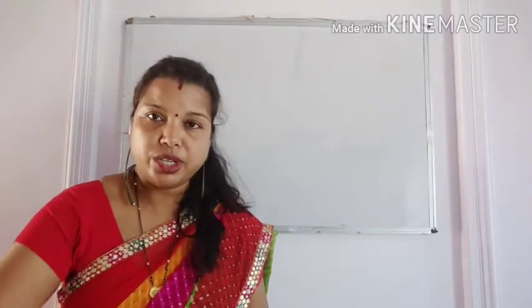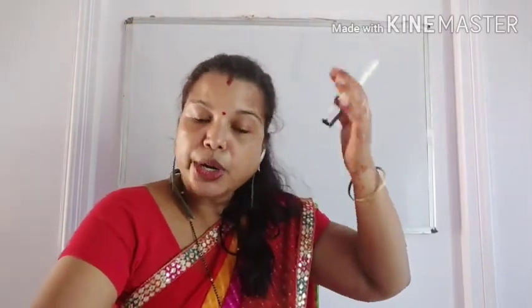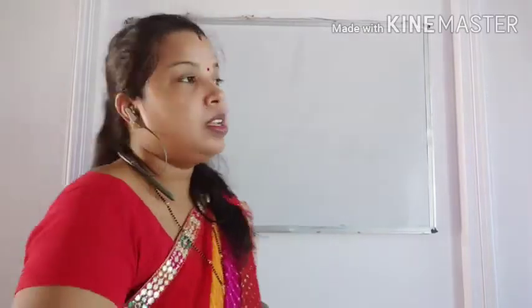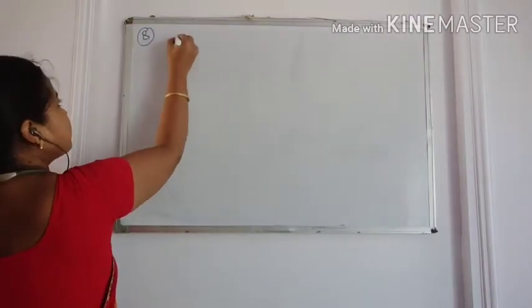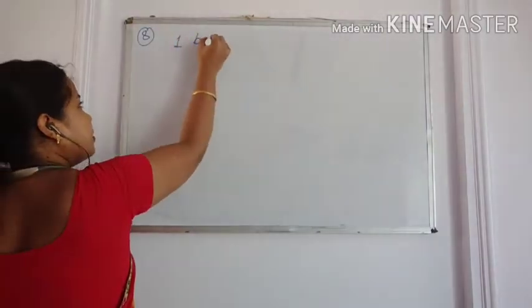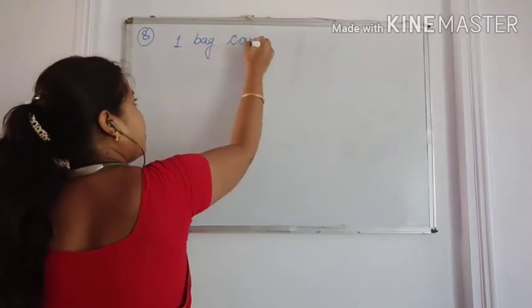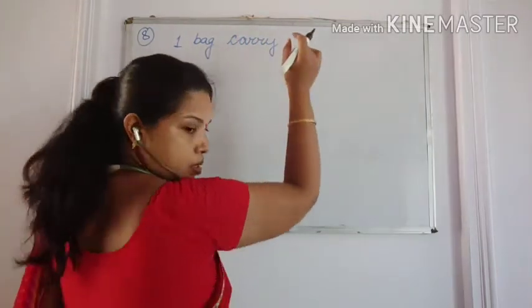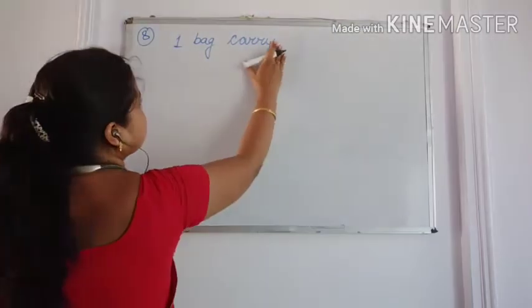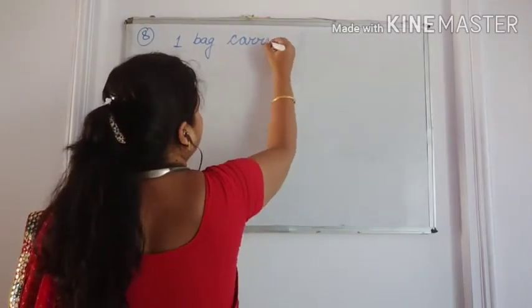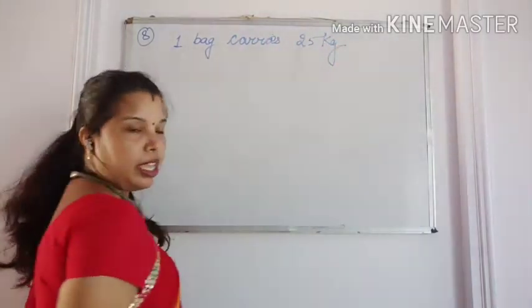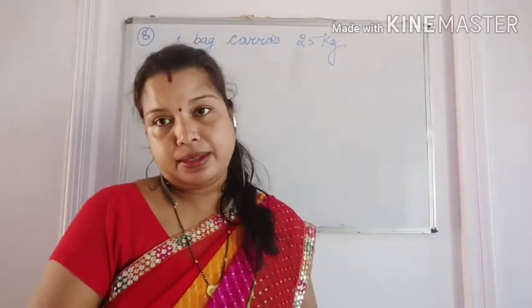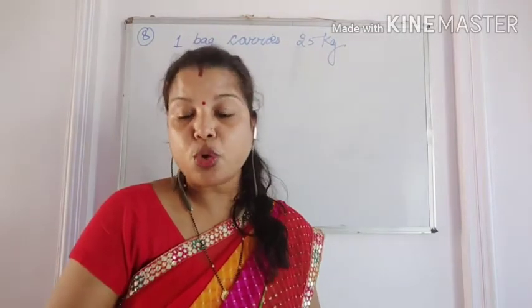Now students, last question. Question number 8. A jute bag can hold 25 kg of rice. See, one bag carries 25 kg. Okay, how many such bags are required for 2.5 quintal?